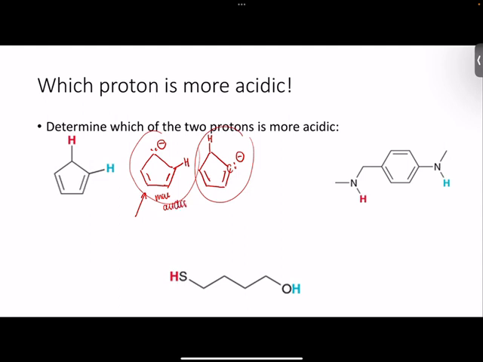Okay, perfect. So then let's look at the next one. We have nitrogen, hydrogen. We're gonna draw two molecules, and then we're gonna remove a proton from each one. I'm really sorry if they don't look that pretty.